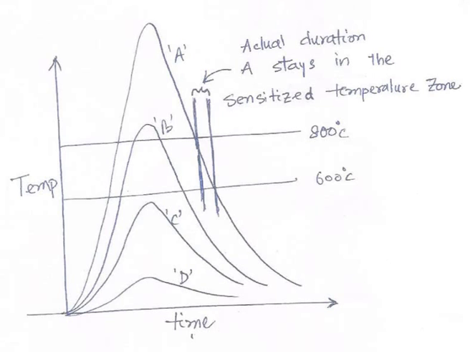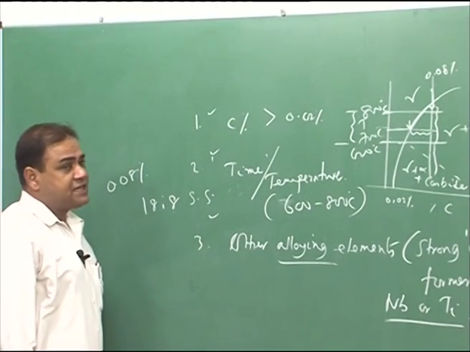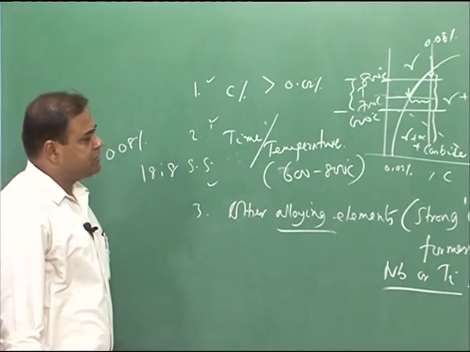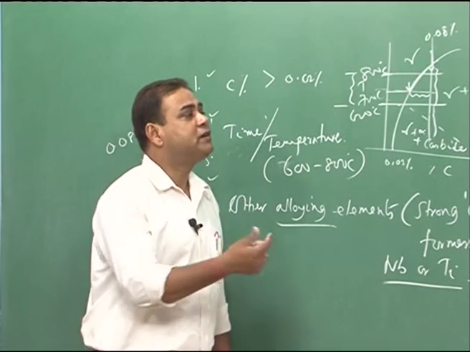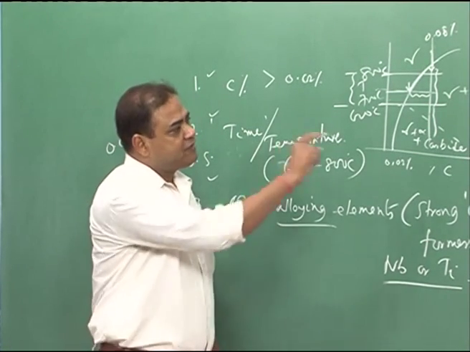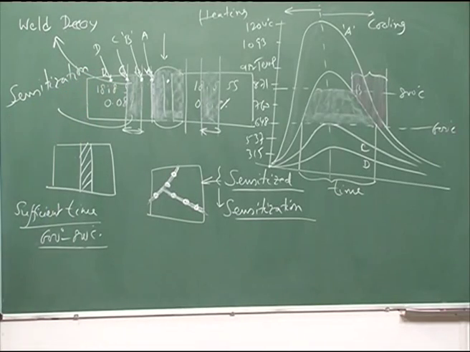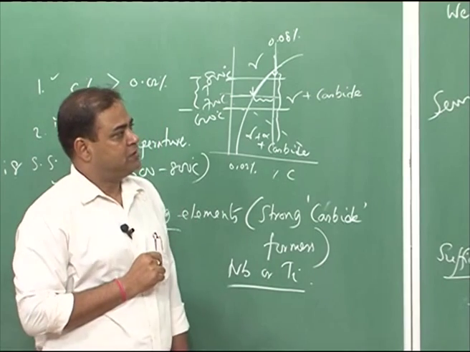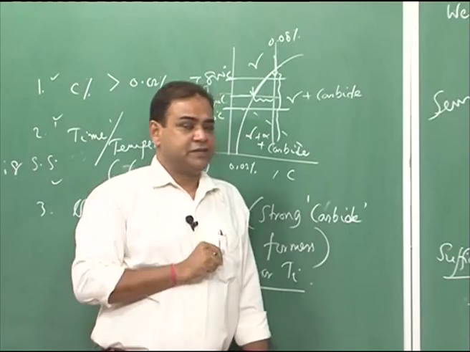So, that is why it is very important to have the time temperature phenomena, and in case of stainless steel we always prefer arc welding over gas welding, and that is also understood from this picture. If we have gas welding, the heating rate would be very slow, as well as the cooling rate would be slow, and there would be a large heat affected zone.